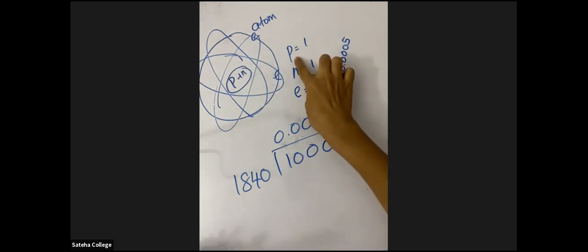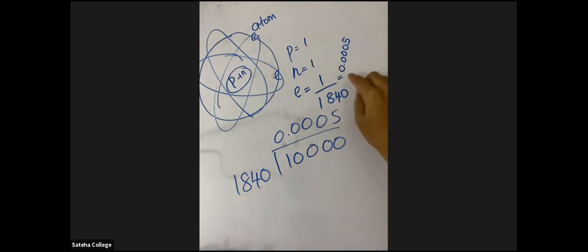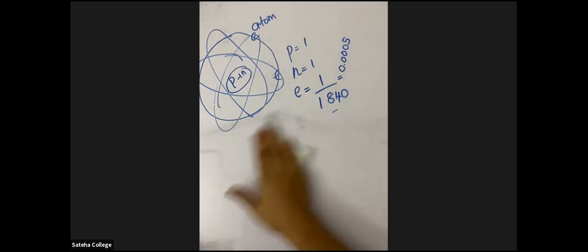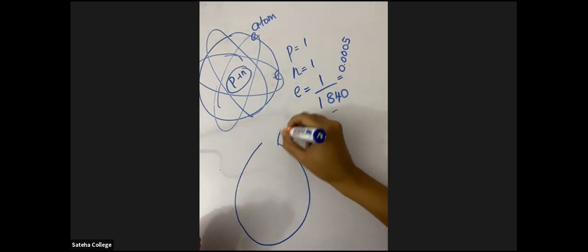Right? Mass of a proton is 1. Mass of a neutron is 1. Mass of an electron is 1 over 1,840. So if I simplify this, I will just approximately get the answer as 0.0005. Right? Okay, now look. Now say you're going to the shop. Now you have a bag.